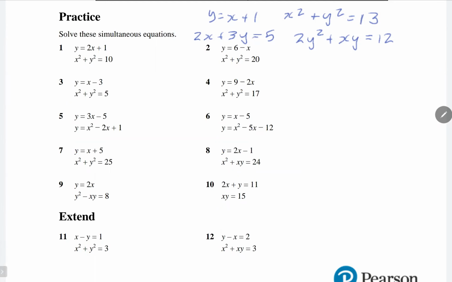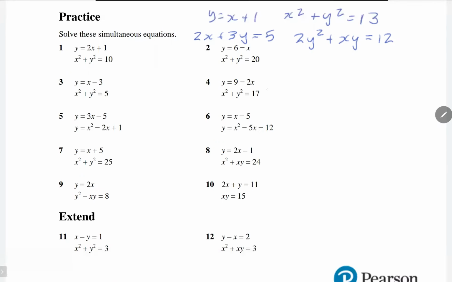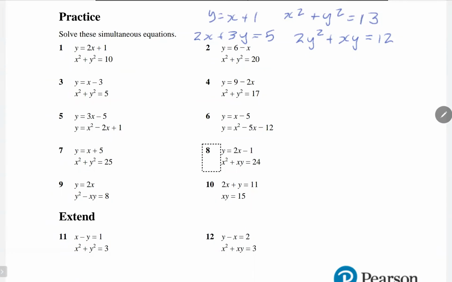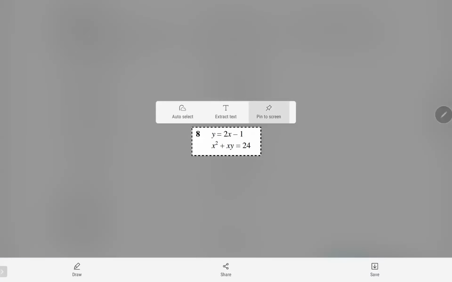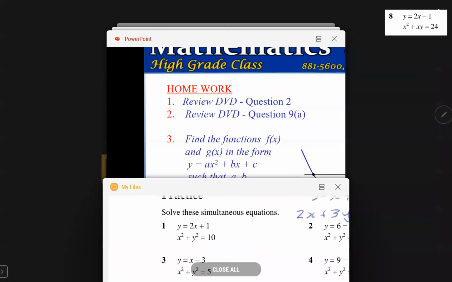This one, this one. I'm going to choose one in a second. These are kind of straightforward. Let us do number 8. All right, that's a little bit different. Move the mic back now, please.